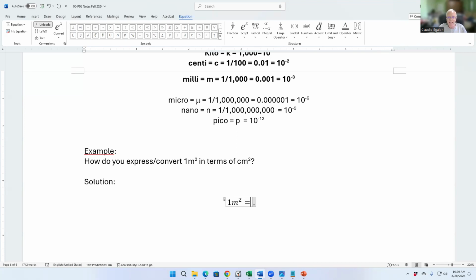There's a very simple and easy mathematical way of converting this measurement into this other one. And logical too. It obeys a logic. We want to express this quantity in centimeters square. How do you do it, right?